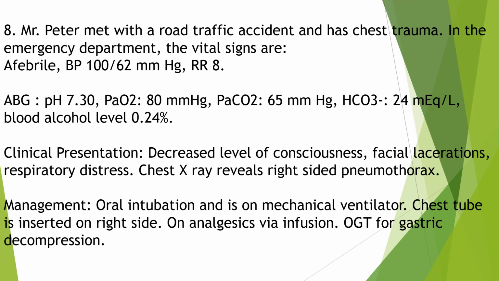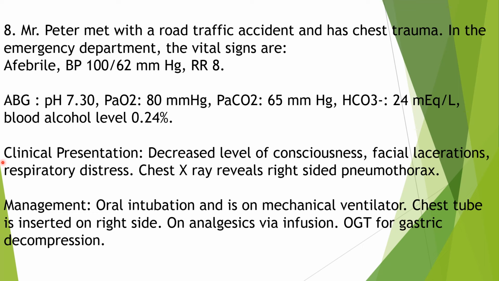Next is a case scenario. Mr. Peter met with a road traffic accident and has got chest trauma. In the emergency department, the vital signs are febrile, BP is 100/62 mmHg, respiratory rate is 8.